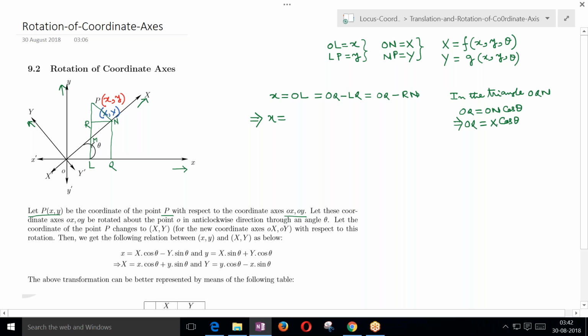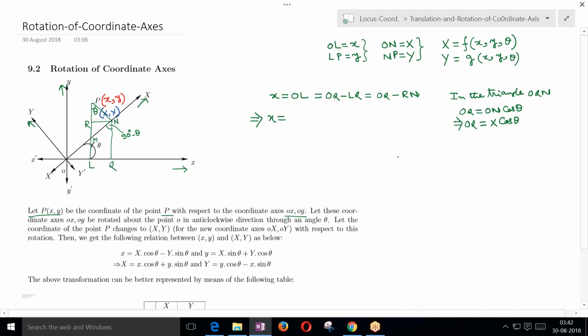And let's find what RN is. To find RN, if this angle is theta, then obviously this angle should also be theta. I hope you all understood why it is theta: if this angle is theta, this angle has to be 90 degrees minus theta. As this is 90 degrees minus theta, and this is 90 degrees, this has to be theta.